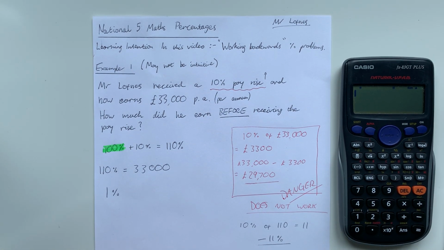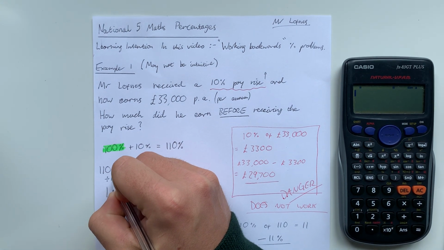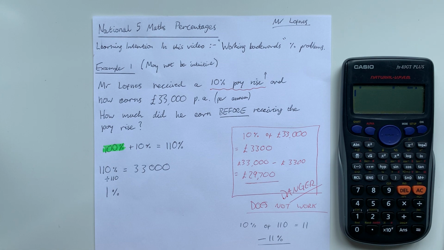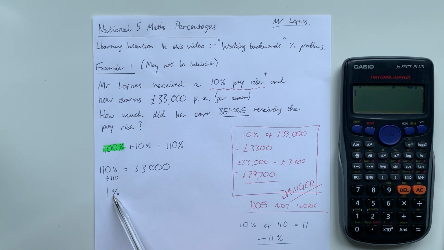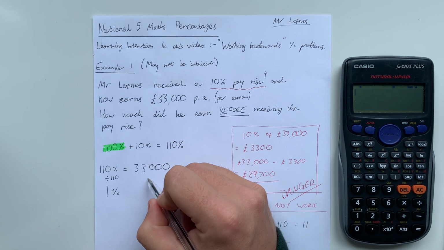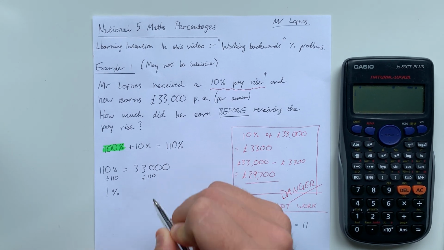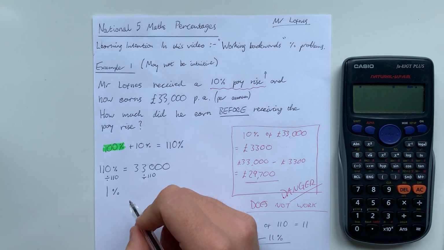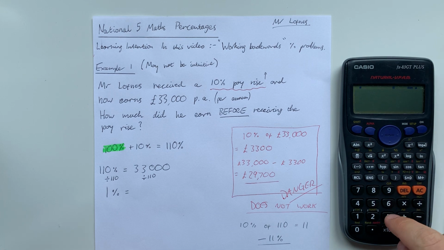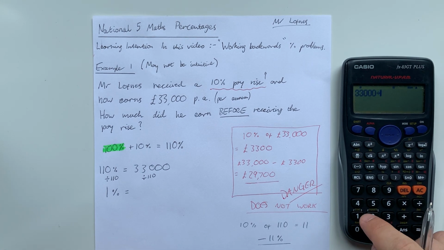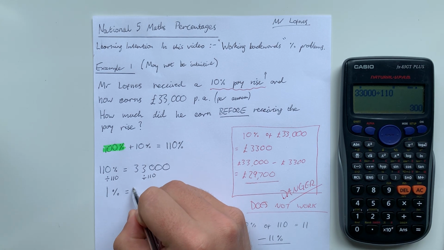So what we're going to have to do instead is a little bit of algebra, and we're going to divide by 110, because 110 divided by 110 is 1. And if I divide that side by 110, I must do the same to both sides of my equation. So I'm also going to divide that side by 110. So in fact, 1% is 33,000 divided by 110, which is actually just 300.